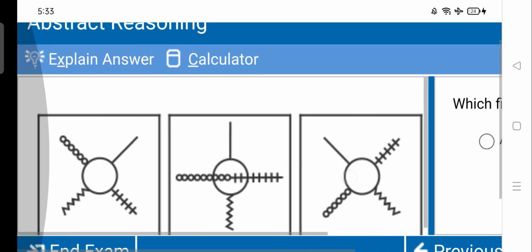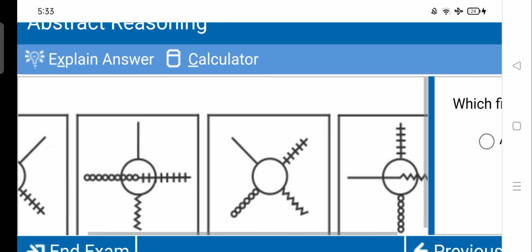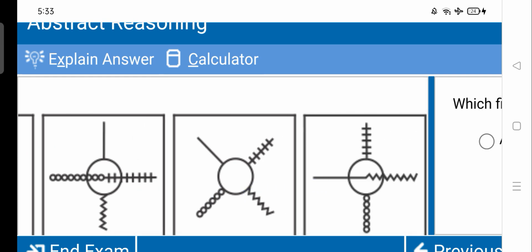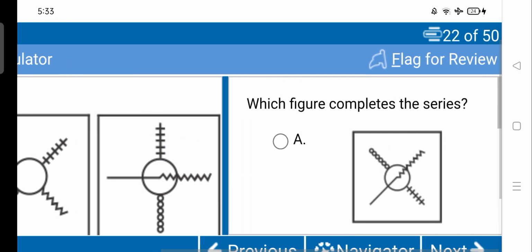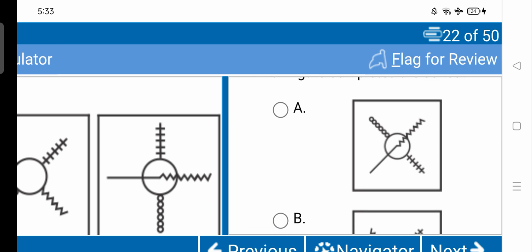Next again we have four sets of shapes and we have to tell which one is the next set of the series. Here we have these four shapes. So which figure completes the series? Option A has this set of shapes.